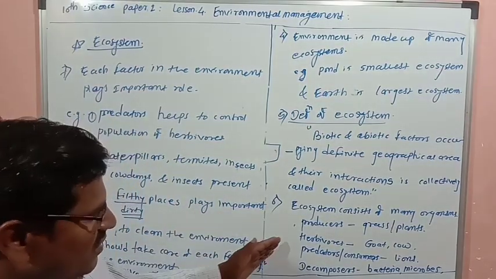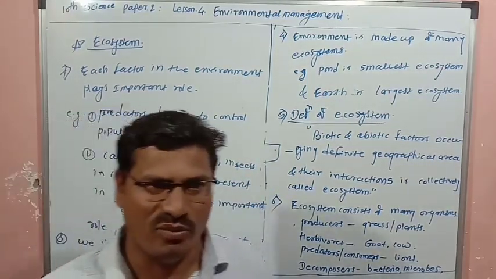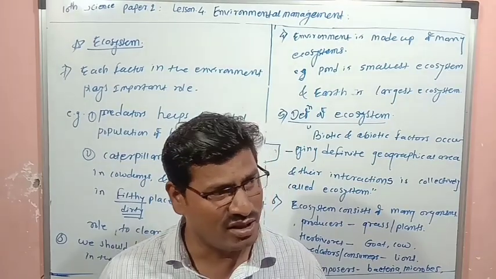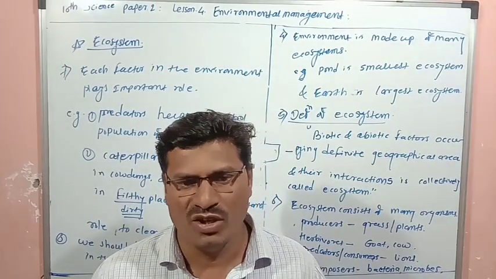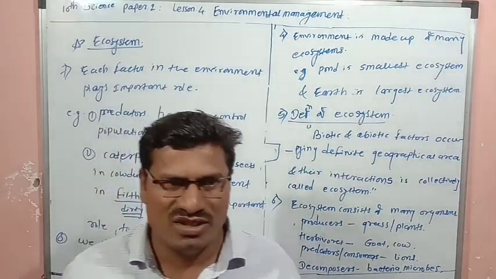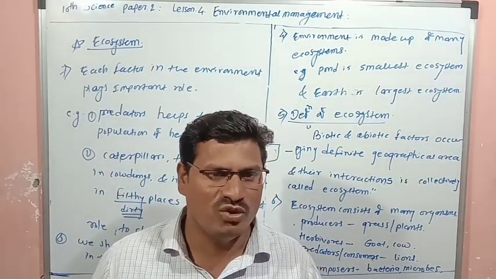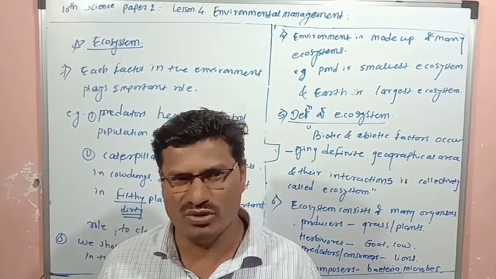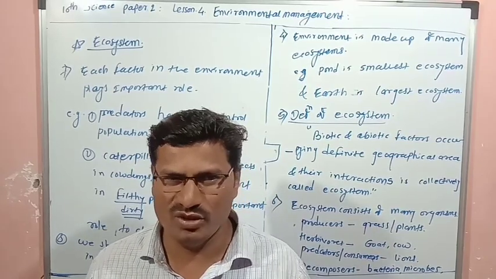So these are the important factors of the environment, or in case of the ecosystem. One by one we are going to study these points. So I think you might have understood what we mean by ecosystem and which points are there in the ecosystem.